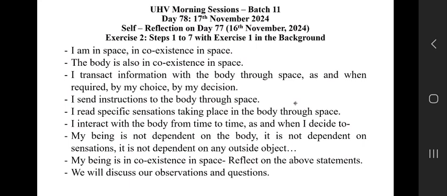If you extend it further, trying to see it with the help of sensation, you can see that there is impact of one unit on another. It is also happening in space, through space. So two units are interacting with each other through space.